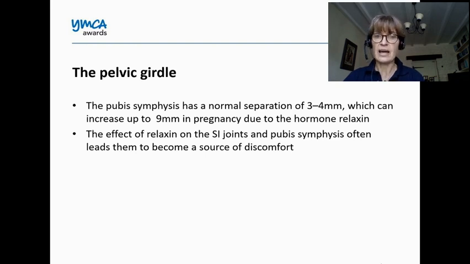So the effects of relaxin can actually be a problem as well as a help, because if you imagine all your joints and your ligaments becoming laxer, this can cause a lot of pain because of the excess movement. So sometimes women during pregnancy have to have additional support around their pelvic girdle to help counteract the effect of the relaxin.